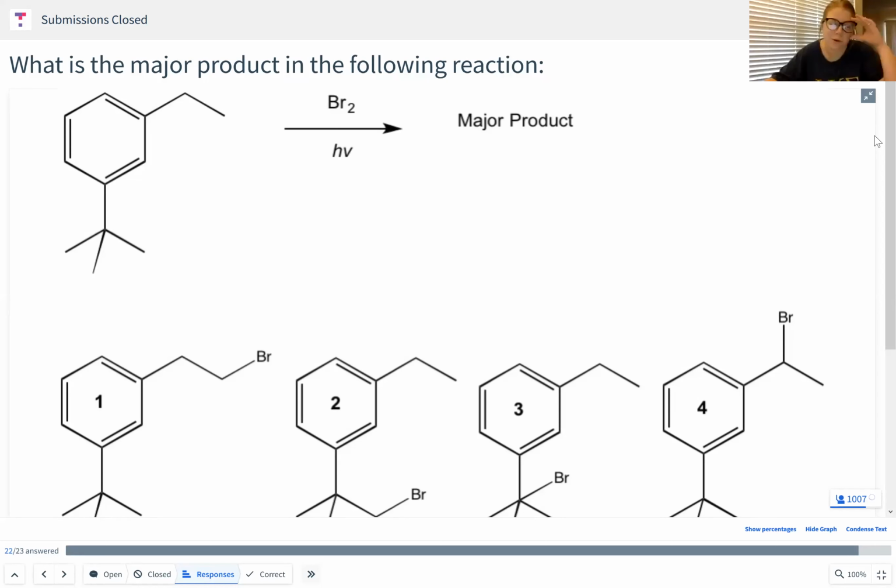Right, so we're looking for a benzylic position, for there to be hydrogens in the benzylic position. And we have 2 benzylic carbons. One of them, just like in the last example, is completely substituted, quaternary. The other one does have benzylic hydrogens. So this is where we're going to do the reaction. So number 4 is the correct answer.